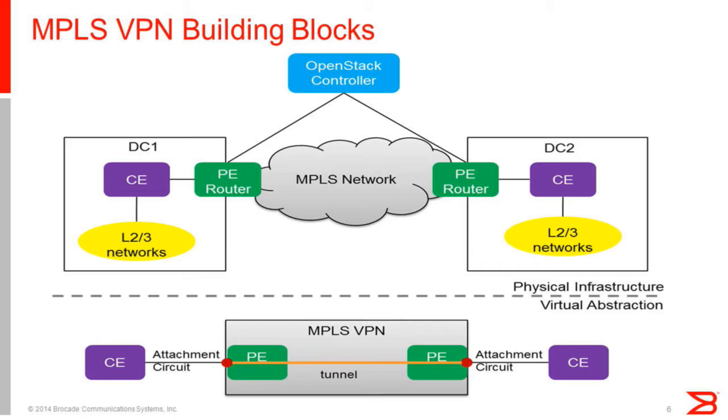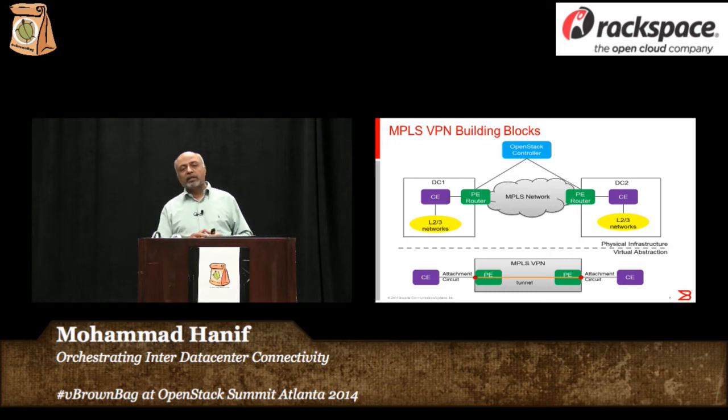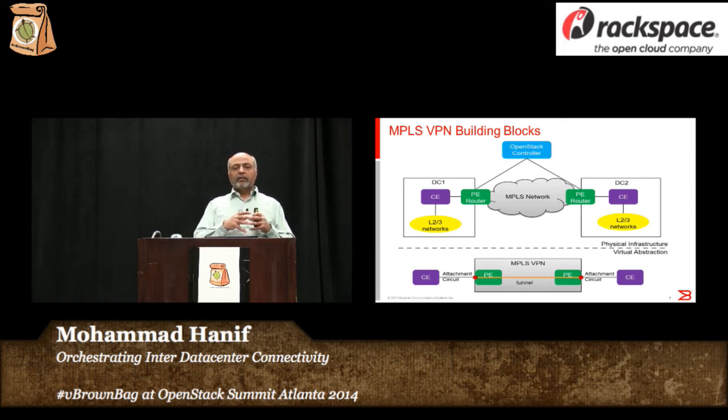Another thing that we also talk about is the construct called MPLS VPN. The idea here is that this MPLS VPN is a construct that enables connectivity at a network level. So tunnels allow you to carry traffic at a transport level, but the VPN allows you to create this kind of virtual private network.